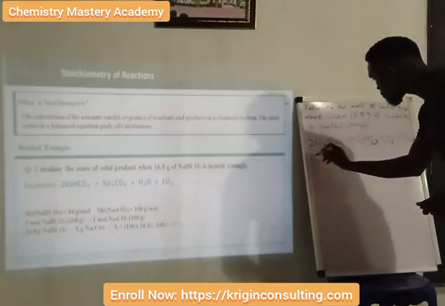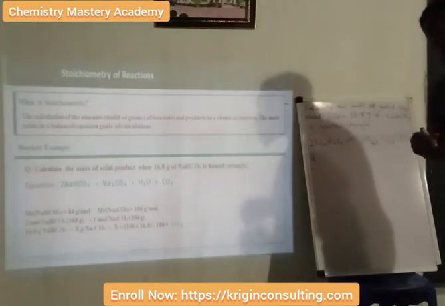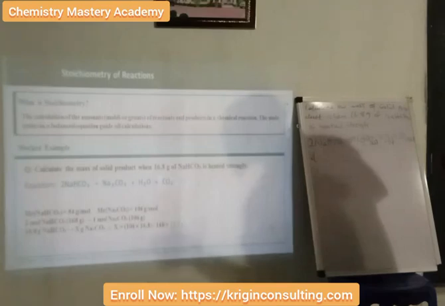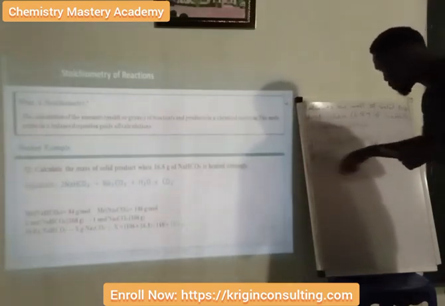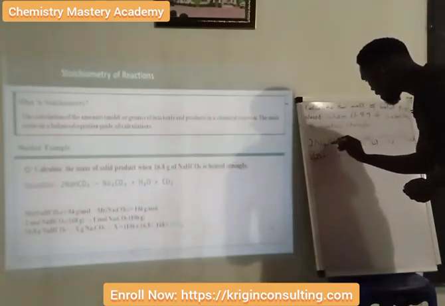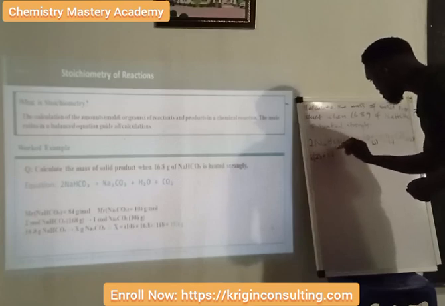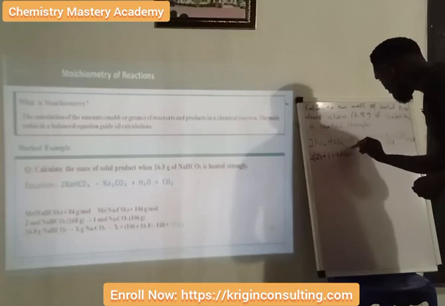To get the molar mass, you take the mass number of the individual element. This 2 is affecting everything. That's why we have 2 here, open bracket. Na is 23, plus hydrogen is 1, plus C is 12, plus this O3, 16 is oxygen, times 3.